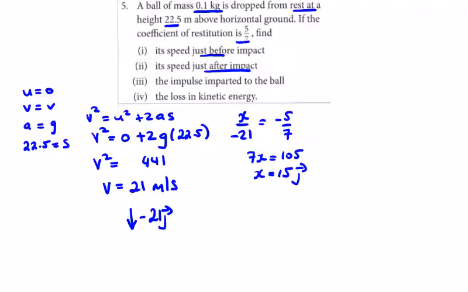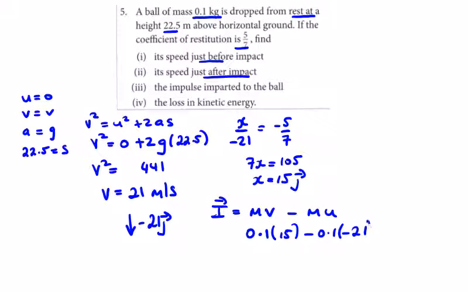And so the impulse imparted to the ball is the mass times the velocity afterwards minus the mass times the velocity beforehand: 0.1 times 15 minus 0.1 times the minus 21 that we had before. So that's 1.5 plus 2.1, which is 3.6 Newton seconds for impulse.